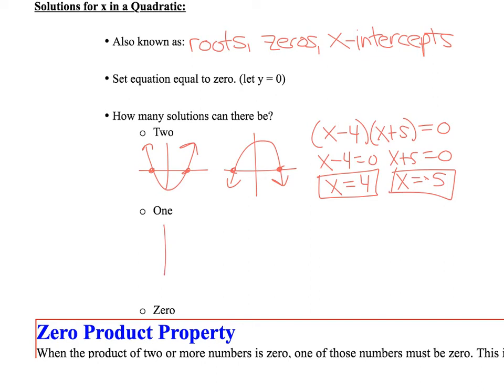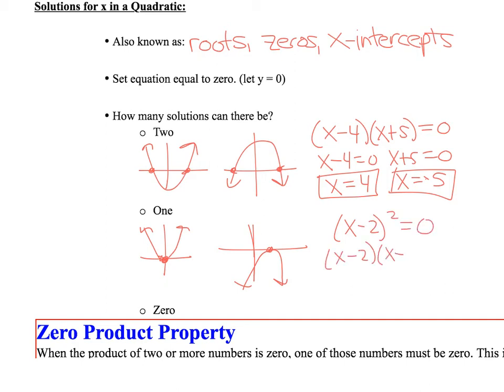Or there could only be one solution, so the parabola could just be sitting on the x-axis like this, or like this. So when we factor, we'd only get one distinct factor, so we'd have something like x minus 2 quantity squared.